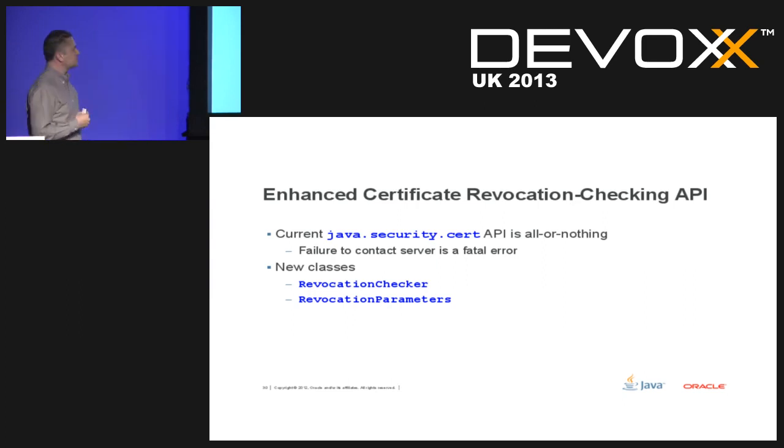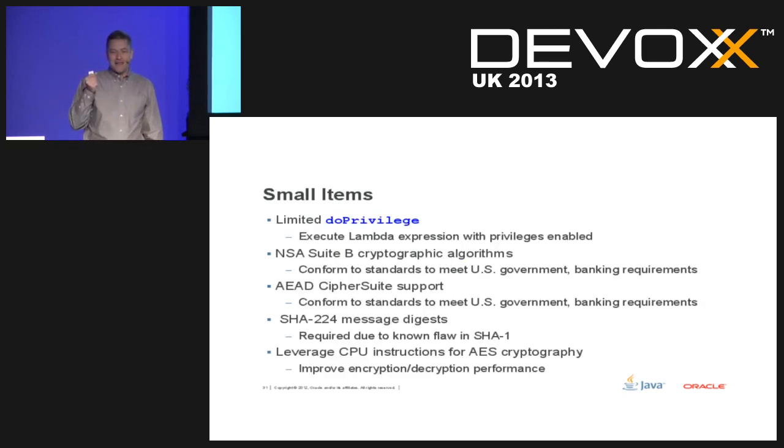What we want to do is introduce a couple of new classes, RevocationChecker and RevocationParameters. The RevocationChecker will evaluate the status of a certificate revocation based on the RevocationParameters object, which encapsulates the revocation request properties. Yes, I got that right. Hope I got that right.